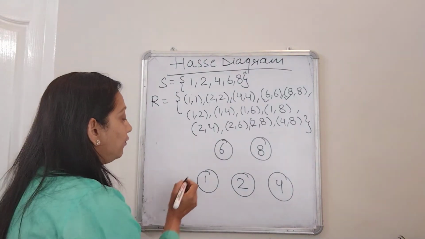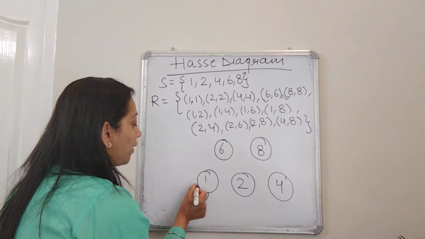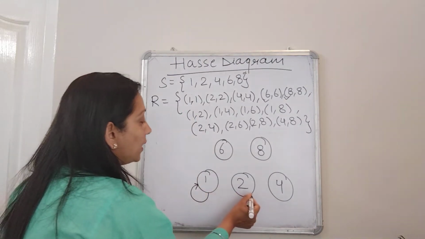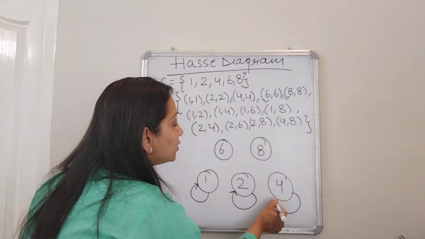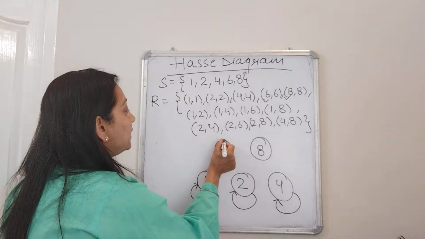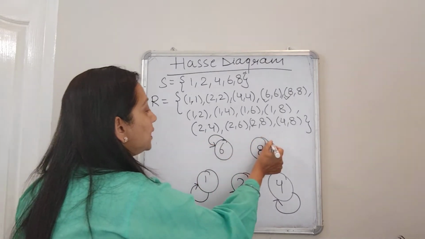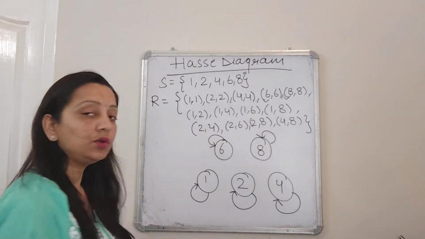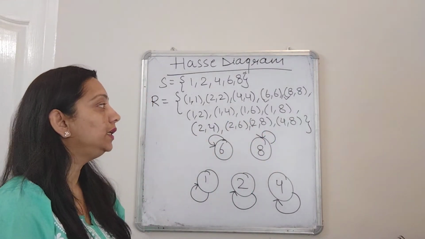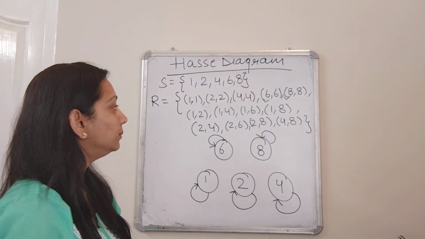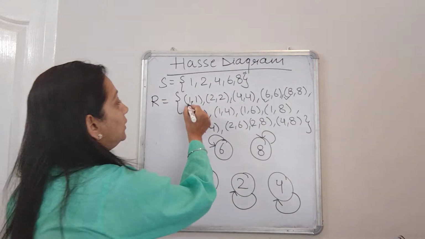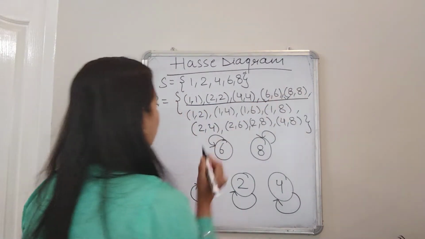So there will be a self loop. Like here, 1 is related to 1. Then 2 is related to 2. 4 is related to 4. Then 6 is related to 6. And 8 is related to 8. It's quite obvious because it is reflexive. So there will be self loops. Alright. Now this part is done.